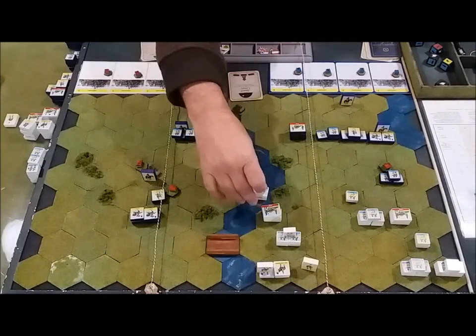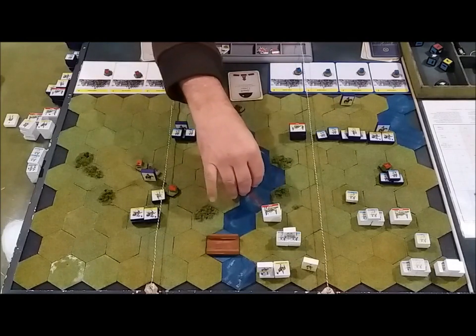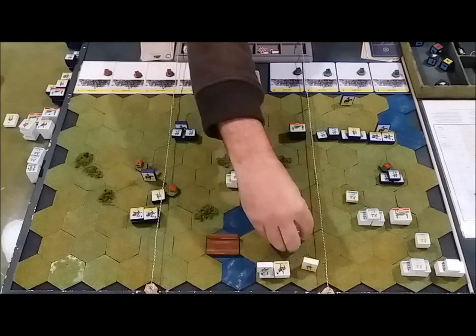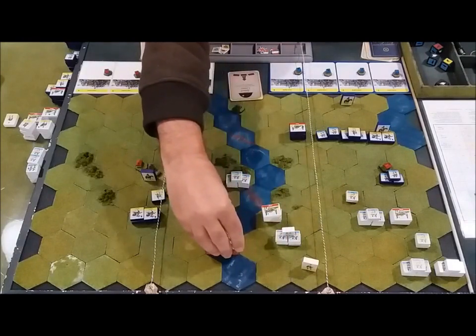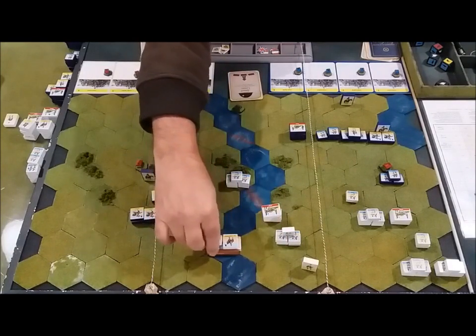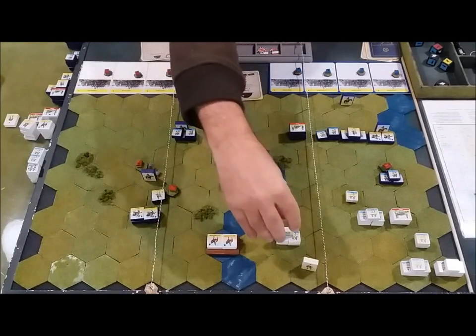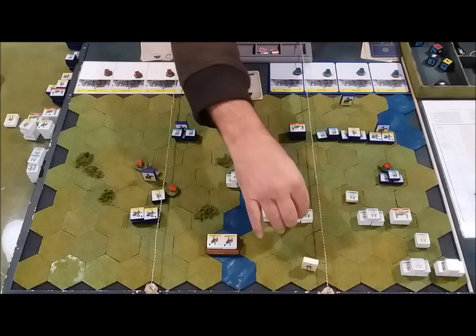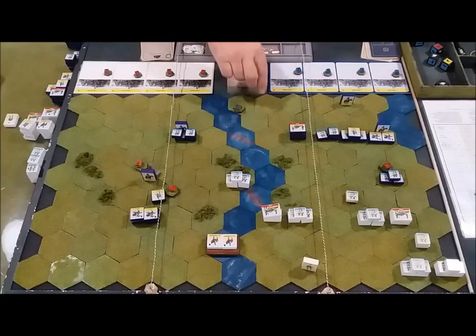So this line unit is going to move forward into the forest. This line unit, the cuirassiers are going to go 1, 2 onto the bridge, and this line unit here is going to come forward to here. Rightio.